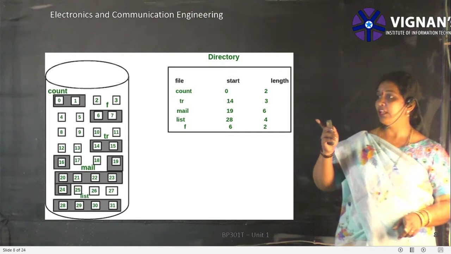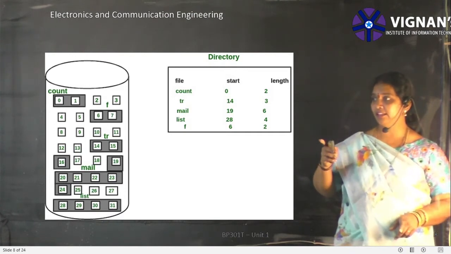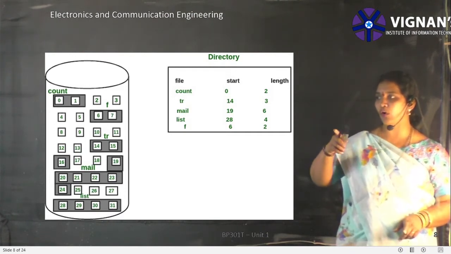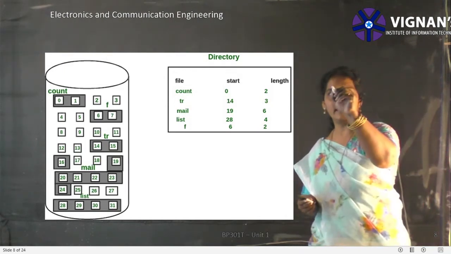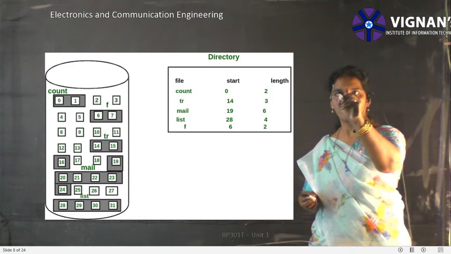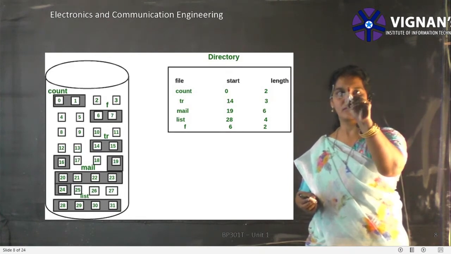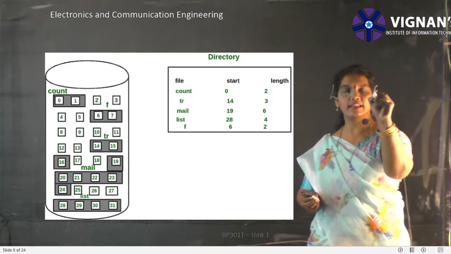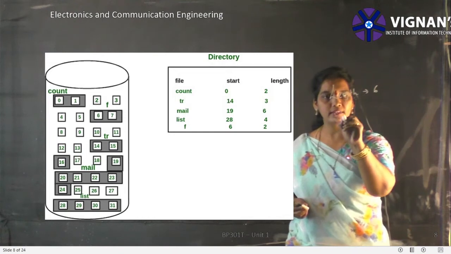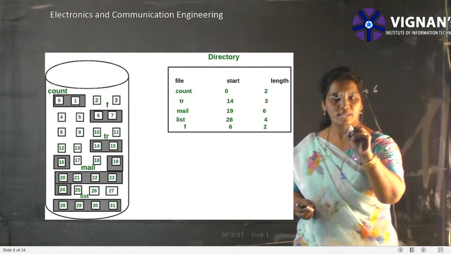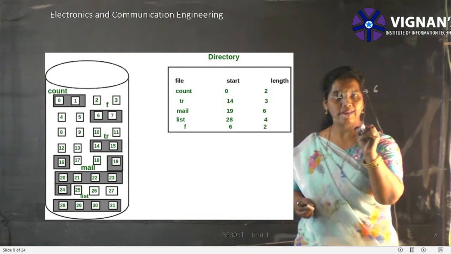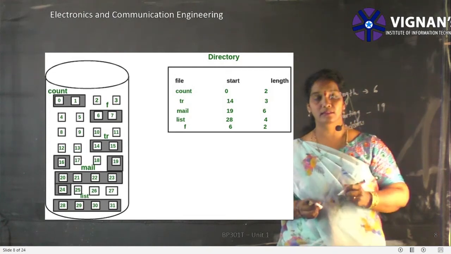So you can see that from 19 it is occupying 6 blocks. So the length is 6 and the starting address is 19.